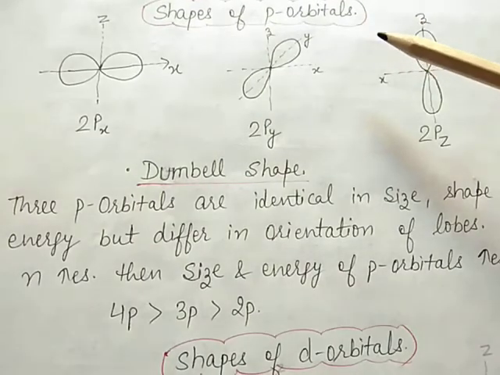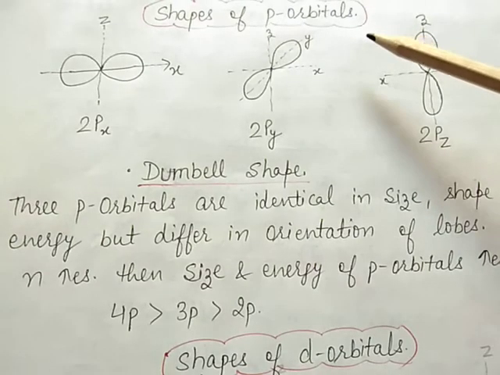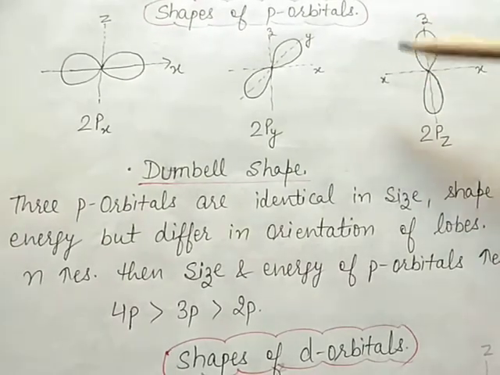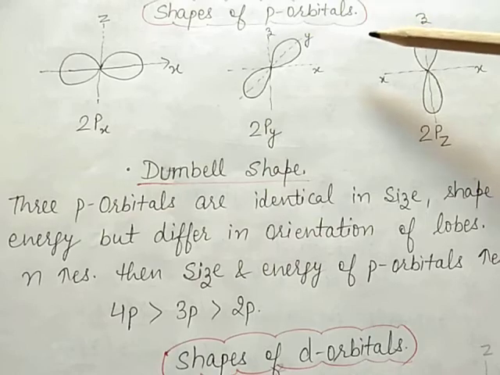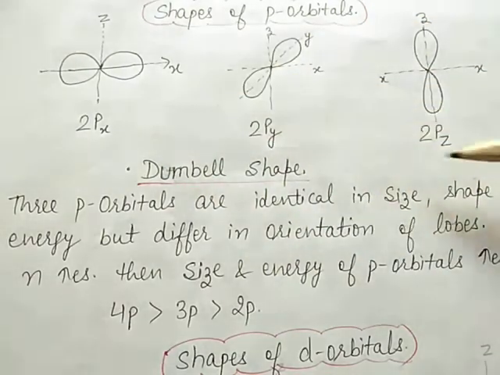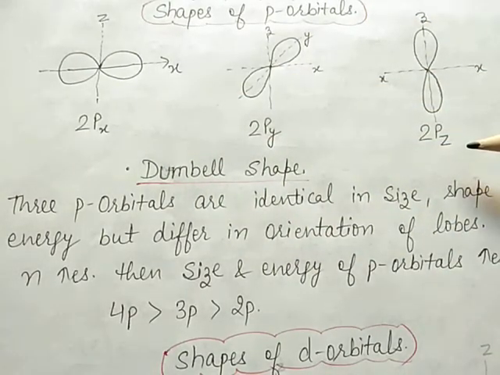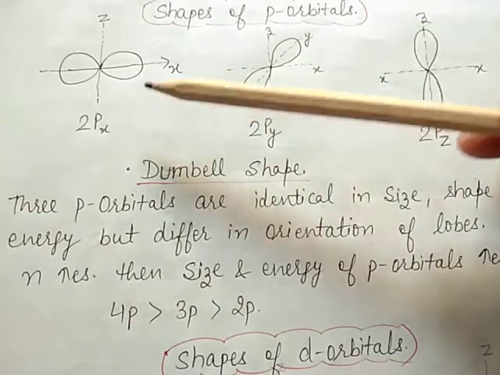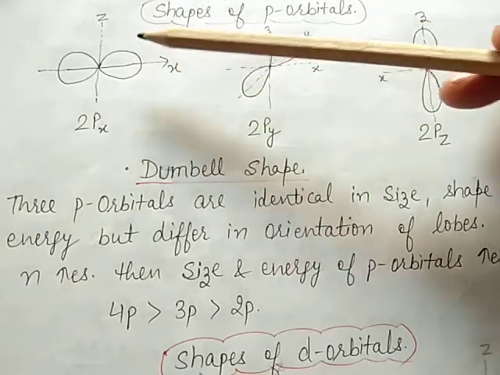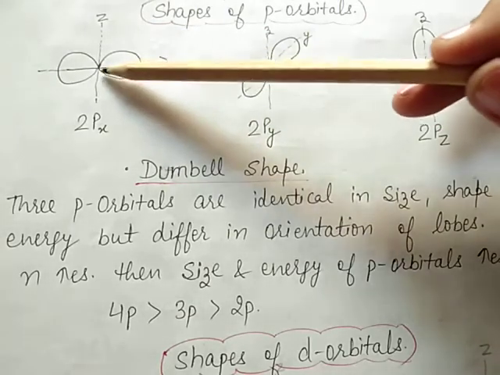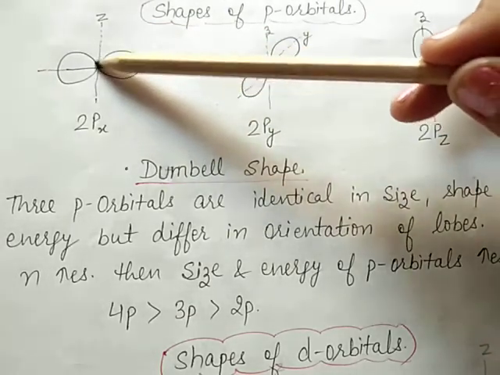Now the next topic is shapes of p orbital. There are three 2p orbitals, 2px, 2py and 2pz. Each p orbital has two sections which are called lobes. This is one lobe. This is another lobe.